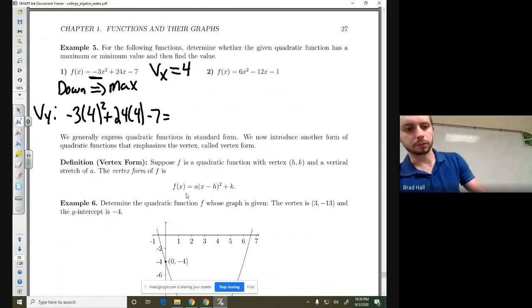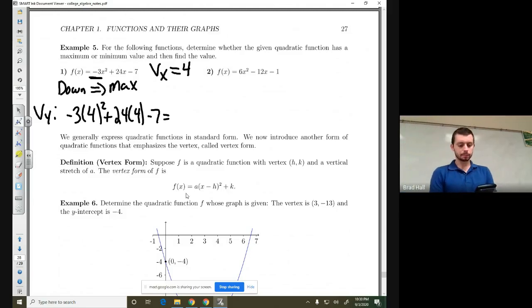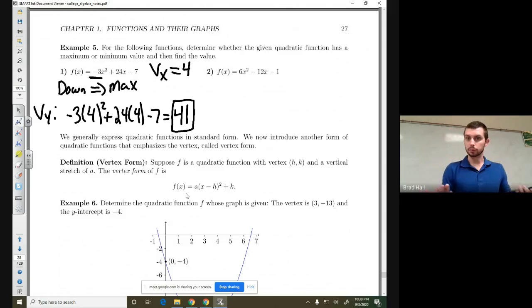I'm just going to do this in the calculator. I get 41. So that would be the maximum value, and that would be the answer.